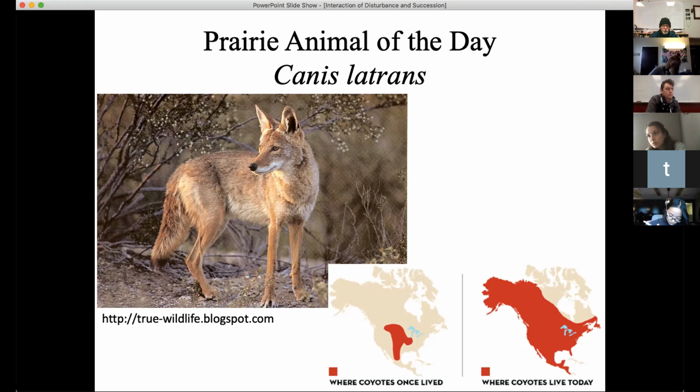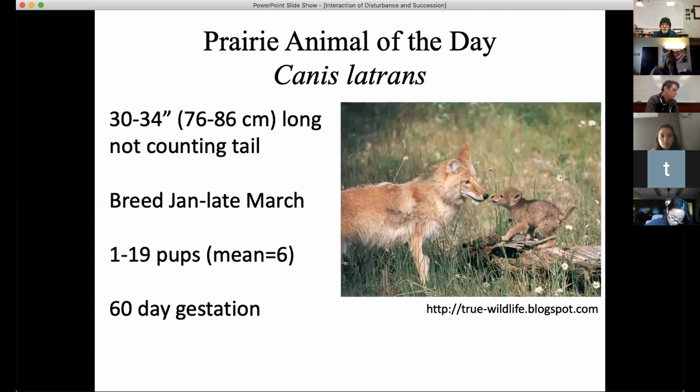There are interesting photos that people have posted of coyotes in Central Park in New York City. They respond well to the abundance of food that is provided by people's trash cans and people's pets and things like this. And they have adapted very well to human activity. It's not a very big animal to be a top predator.